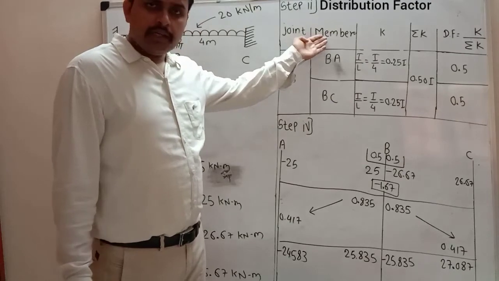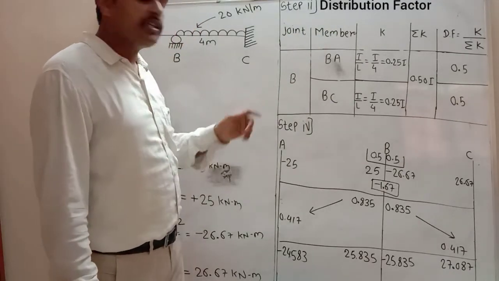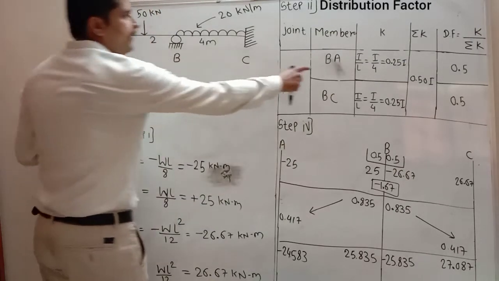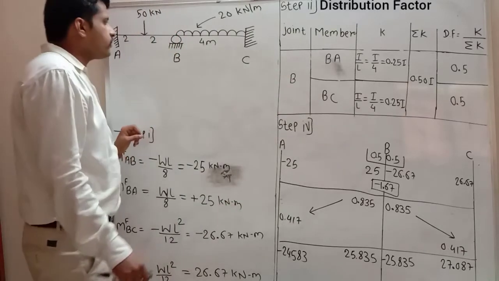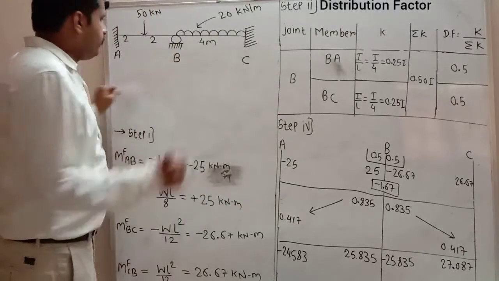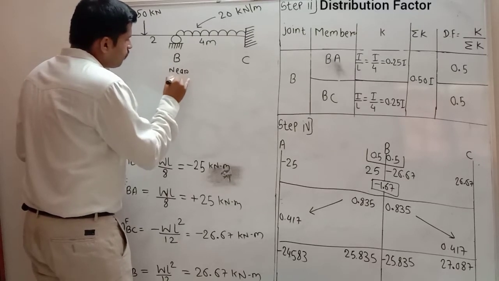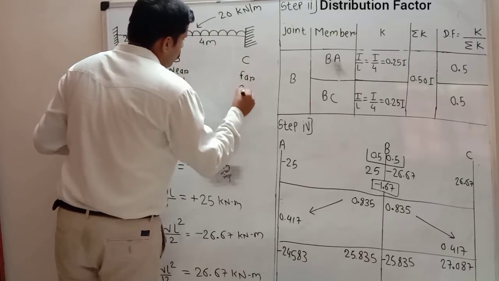The members are the members which start from joint B. So MBA and MBC. Okay. For joint B, this is the near end, and these two are far ends.